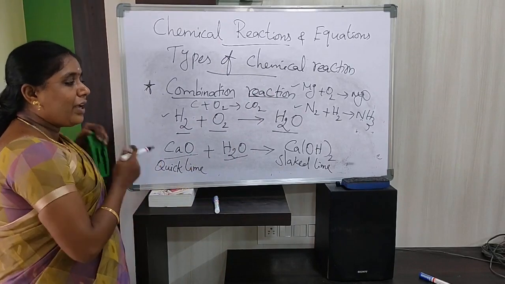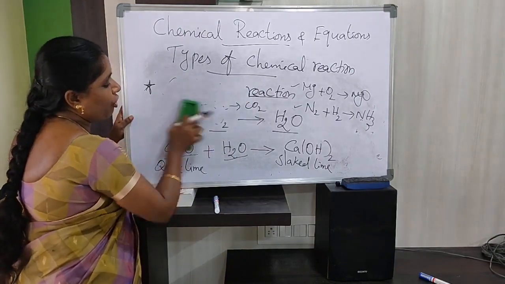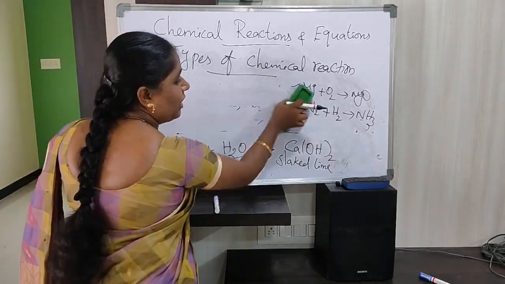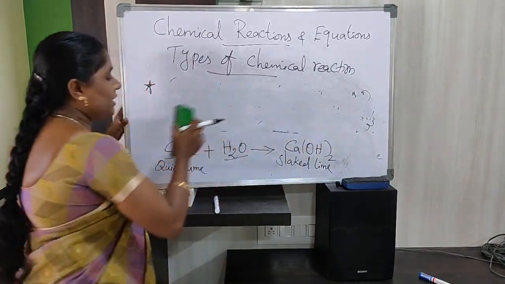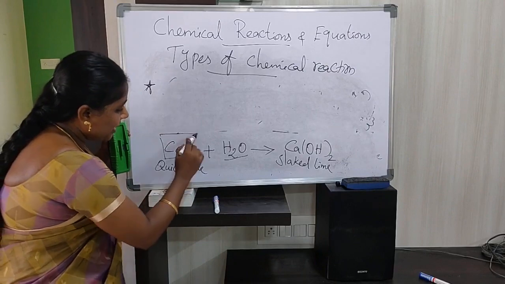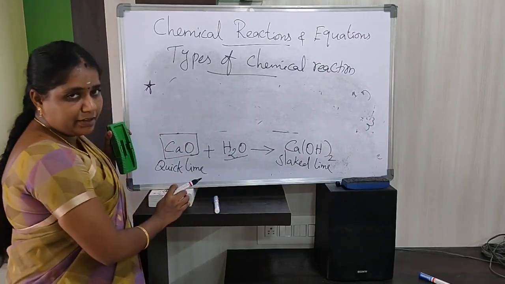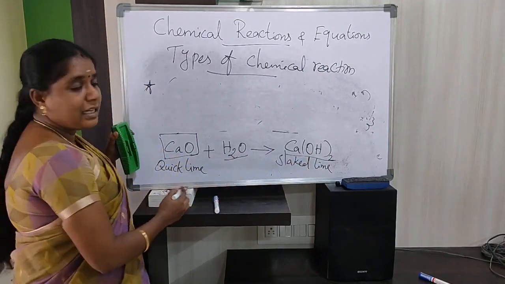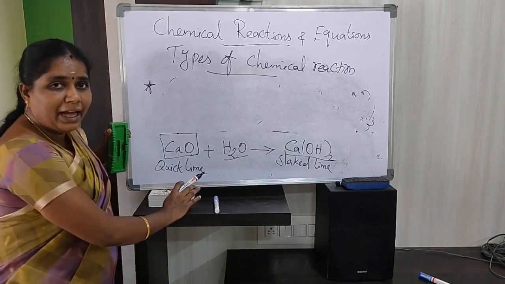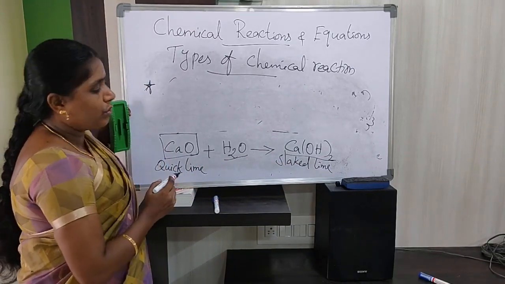Now we have discussed that two or more reactants combined to form a single product is called combination. Next, quicklime combines with water to form slaked lime, isn't it? The solution of this calcium hydroxide, slaked lime, is generally used for whitewashing walls.